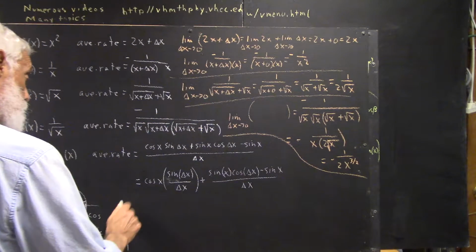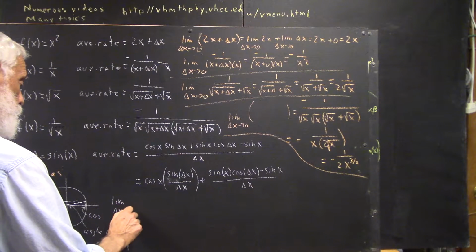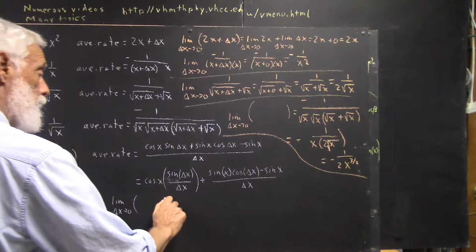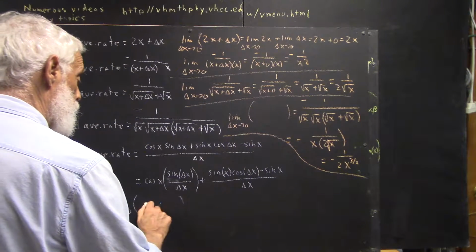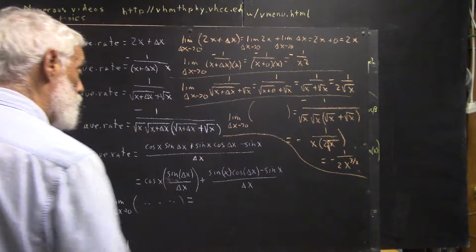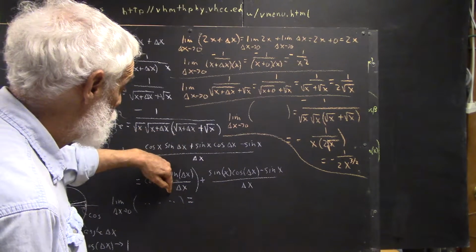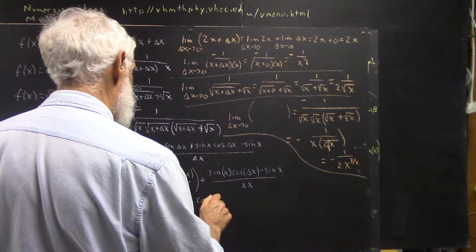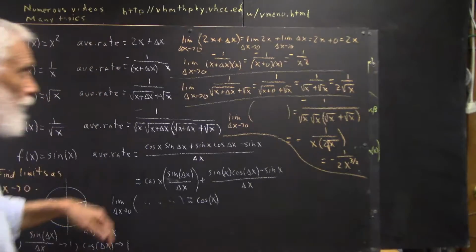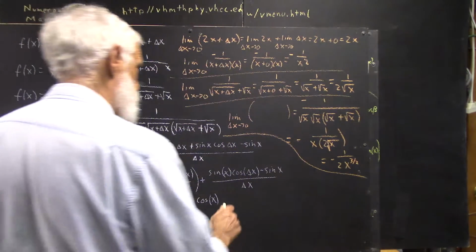Now, at the limit as delta x goes to 0, of all this, this thing plus this thing, I'm not going to write out, is what? It's cosine of x times 1. So we got a cosine of x times the limiting value, sine of delta x over delta x, which I'm asking you to at least believe is 1.